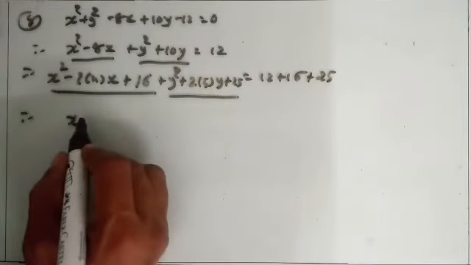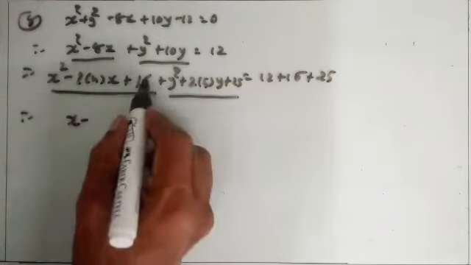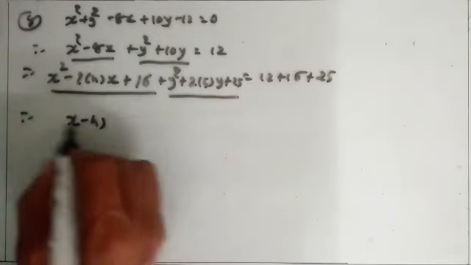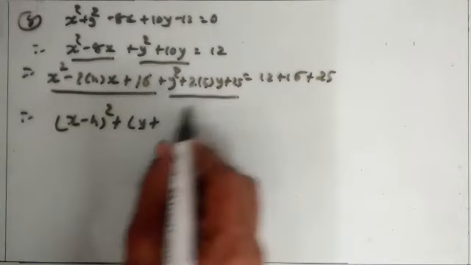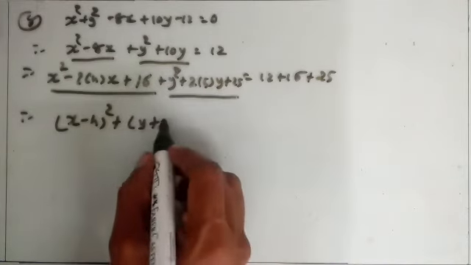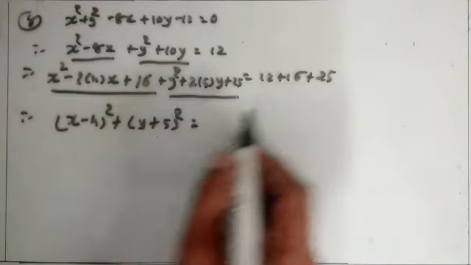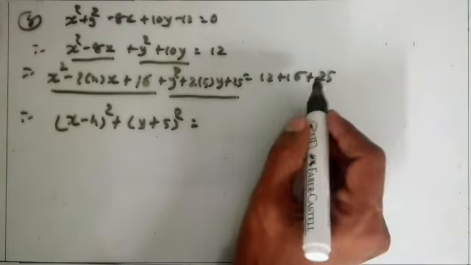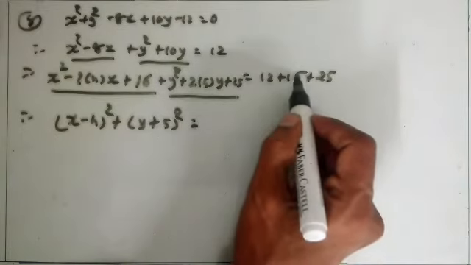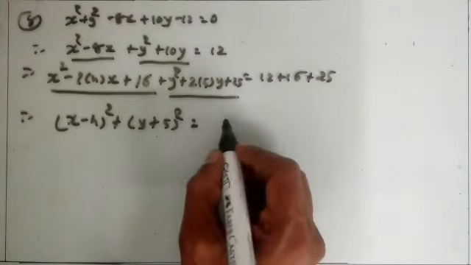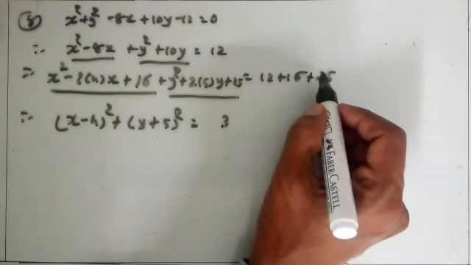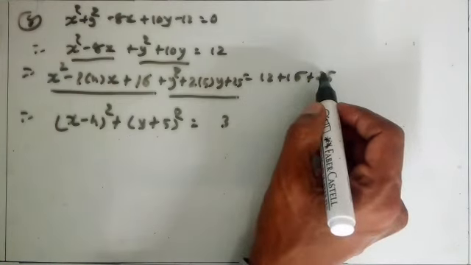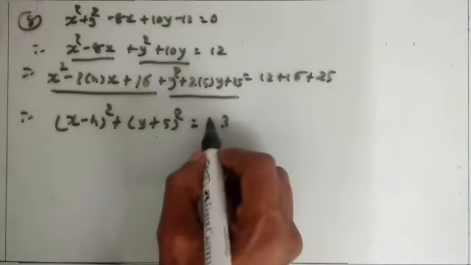The factor of this is (x - 4)^2 + (y + 5)^2 equal to, now take the addition, 12 + 16 + 25 is 53.